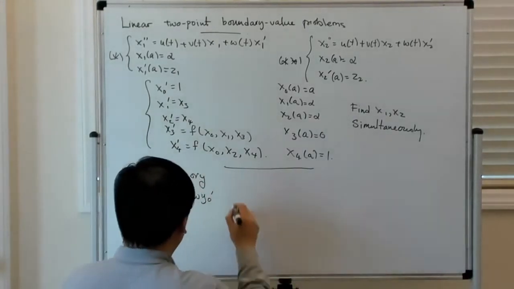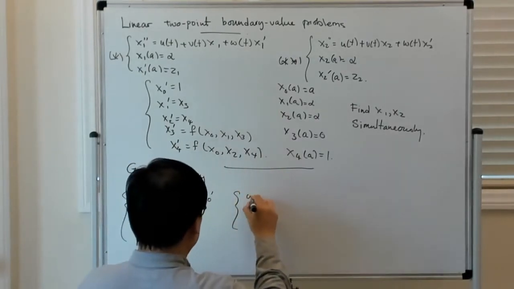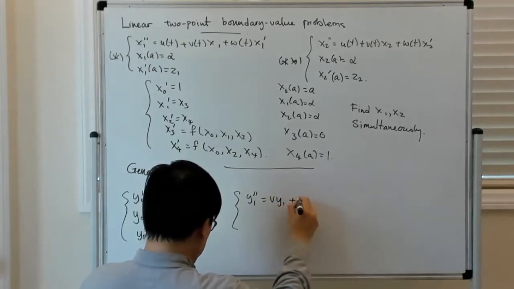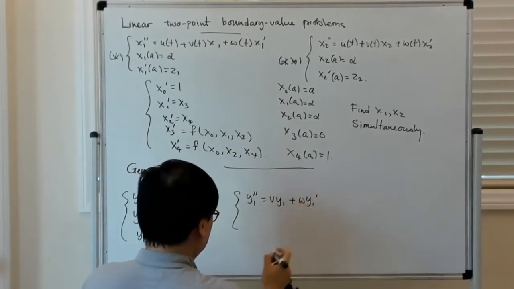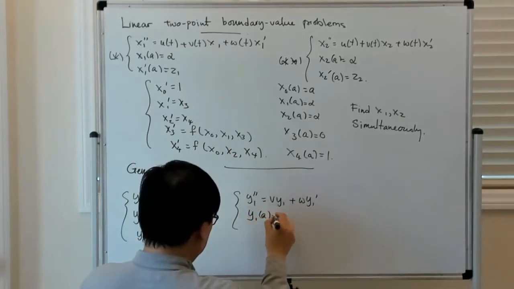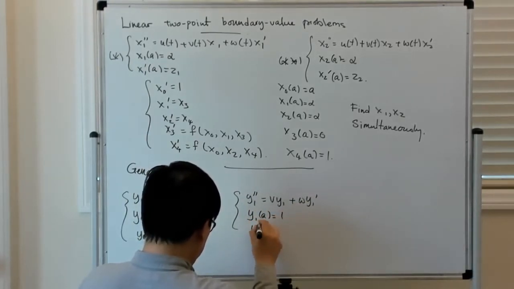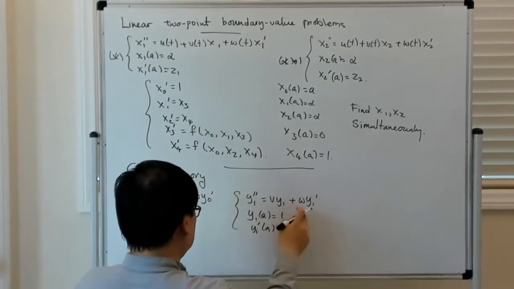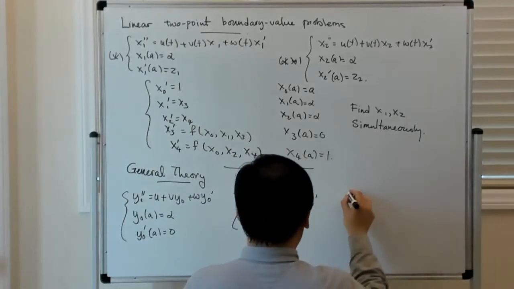That's one differential equation. Another one is y1 double prime is equal to v y1 plus w y1 prime, with y1 of a equal to 1 and y1 prime of a equal to 0. So this is inhomogeneous, and these other two are going to be homogeneous equations.